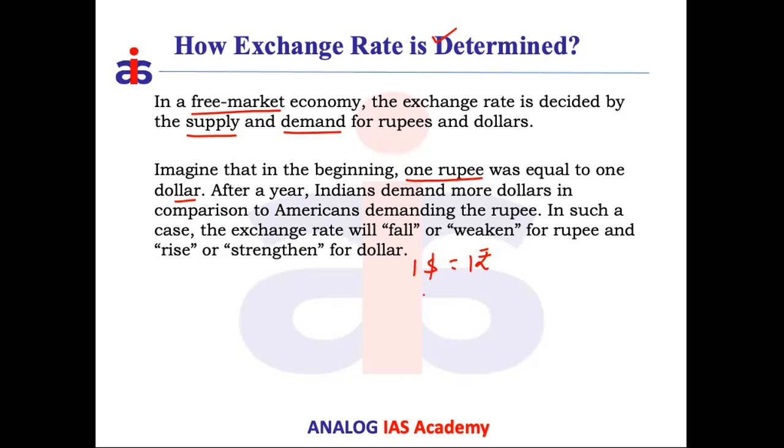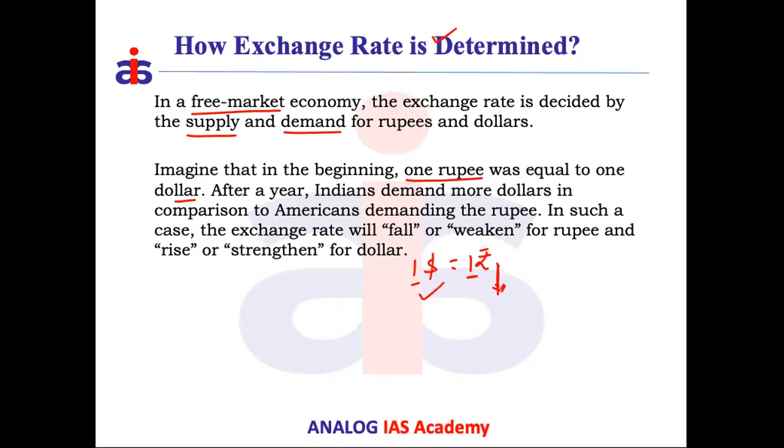But later on, whether the exchange rate between these two stays the same, 1 versus 1, or becomes 1 to something else, it all depends upon the demand for these two currencies in the international market, not in the domestic market. In the international market, if more traders are demanding more dollars compared to the rupee, then the rupee value will fall down.